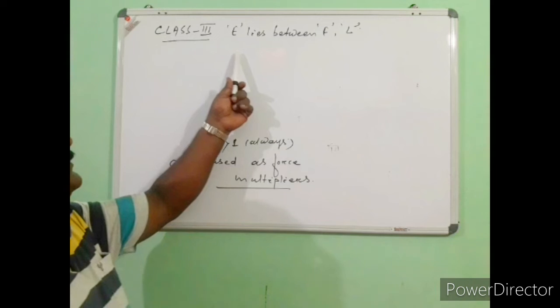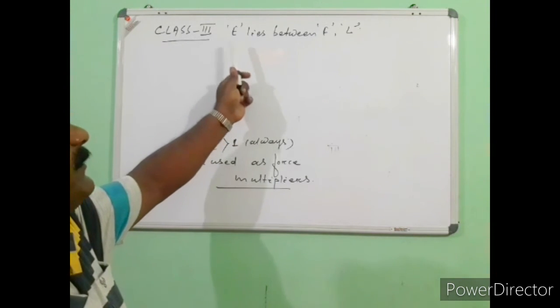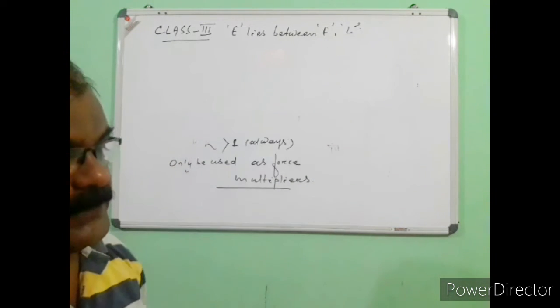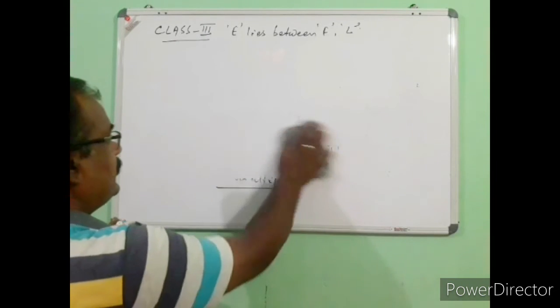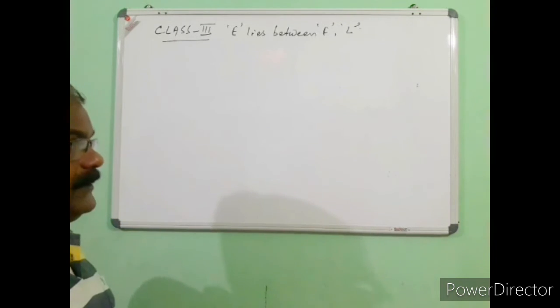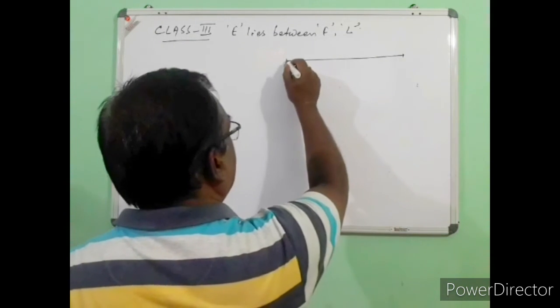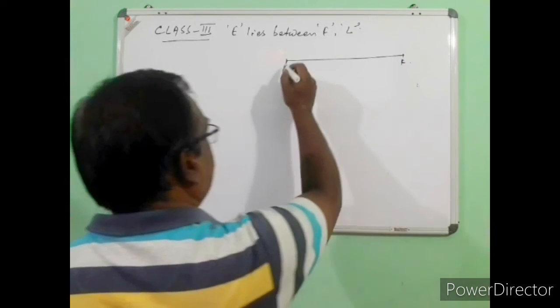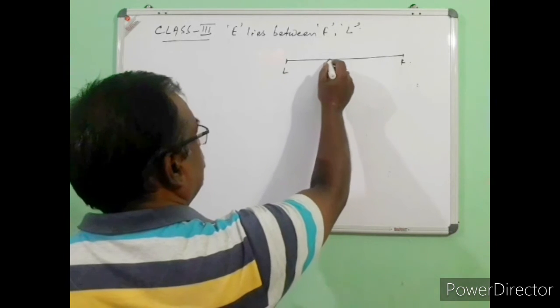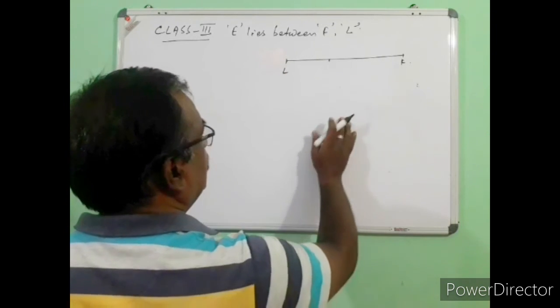So class 3 levers are those levers in which effort point lies between fulcrum and load points. Now, if we diagrammatically represent this one, then at one end we can take fulcrum, the other end we can take load, and in between somewhere that effort.